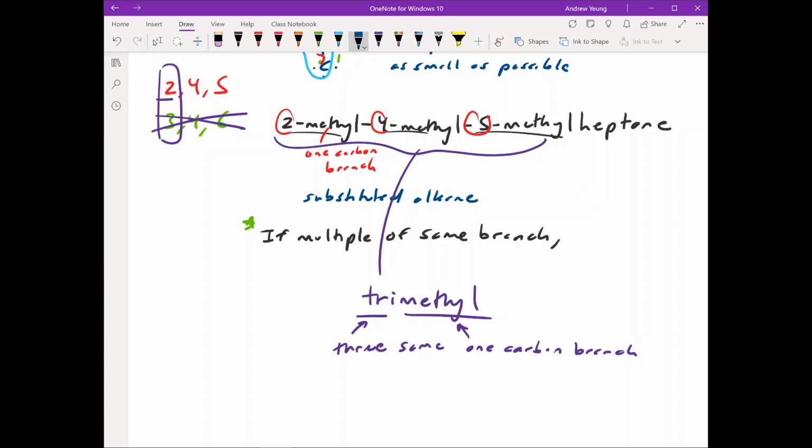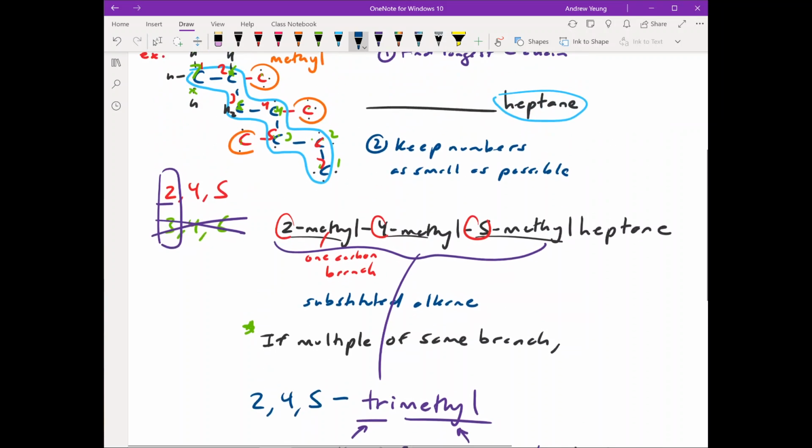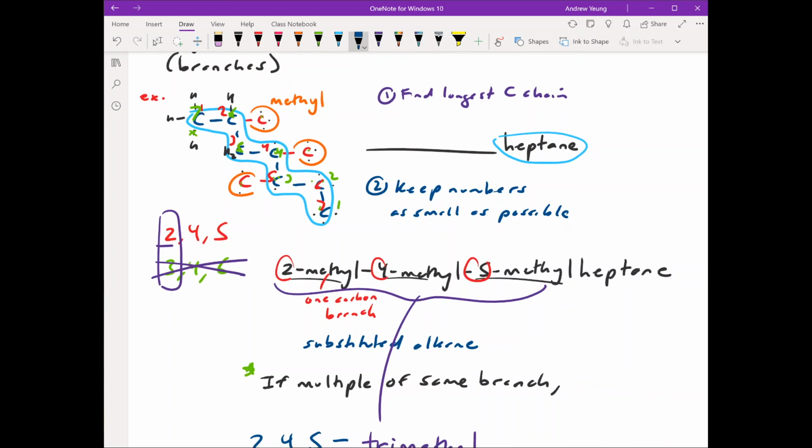Where they happen to be were 2, 4, and 5. Since I'm condensing that down, numbers and numbers are always separated just by commas. So as I was doing earlier, 2,4,5-trimethyl. The trimethyl tells me right away there's 3 methyls somewhere in the picture, but we still need the spots. One's at 2, one's at 4, one's at 5. That's exactly what we've drawn previously.